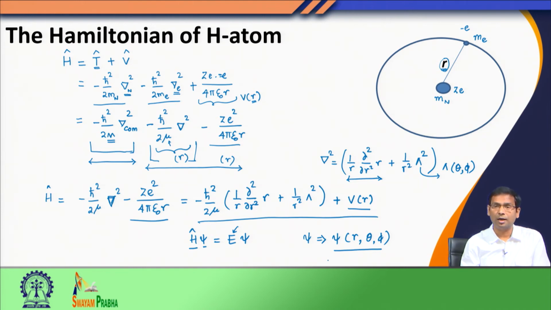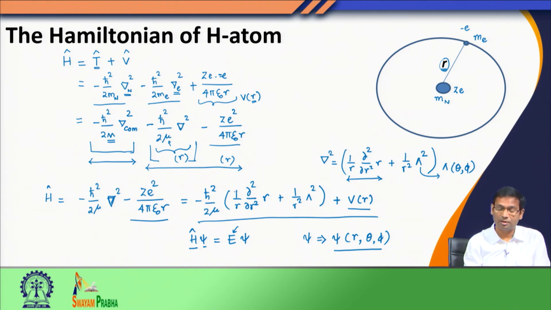One important difference that you should notice here, as compared to the rigid rotor or particle in a sphere problem, is that we had defined this operator there, but in those cases, particle in a sphere or rigid rotor, we said that the r component, that is the radius of the sphere or the distance of the rotor, is fixed.